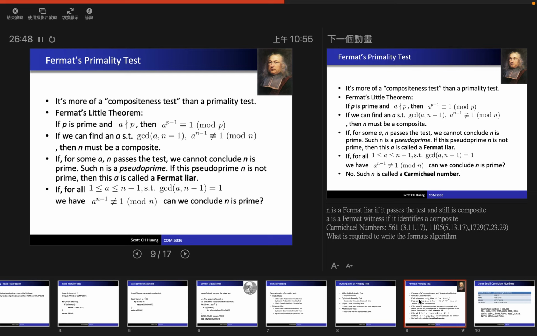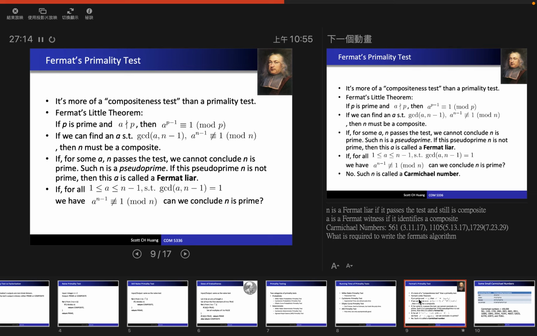A much better way is to have a relationship like this and calculate it, which is just modular exponentiation. If you are smart enough, you can choose these numbers in an efficient way, so you'll soon find it's a composite.